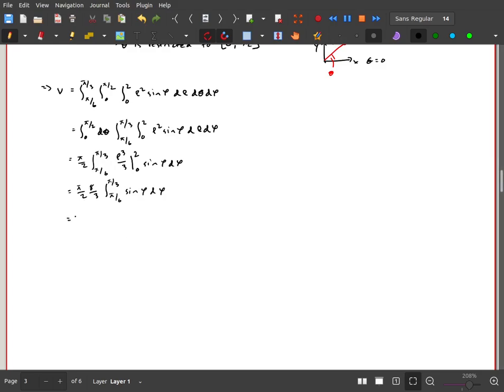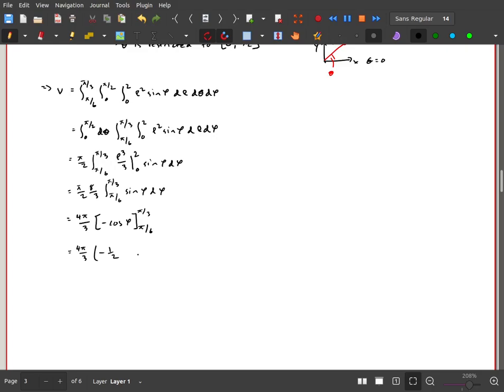This becomes 4 pi over 3. Then the integral of sine phi is minus cos phi from pi over 6 to pi over 3. So that's 4 pi over 3 times, okay, cosine of pi over 3 is 1/2, so minus 1/2.